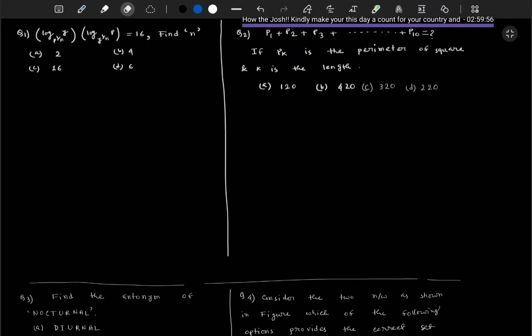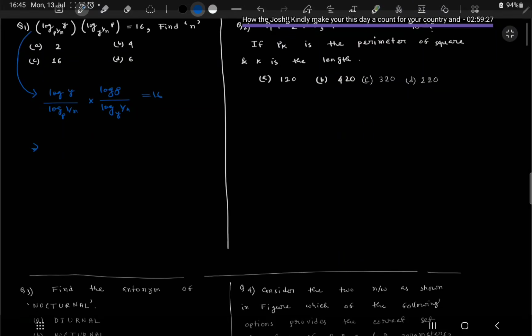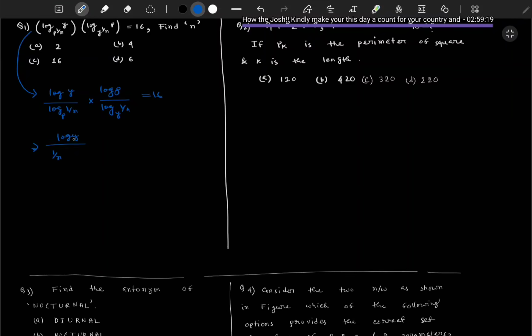First, here is a logarithmic question. So here it is given this one. We can write it in this way. Then here log y 1 to the power n.